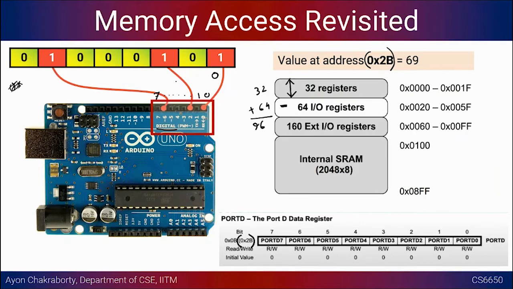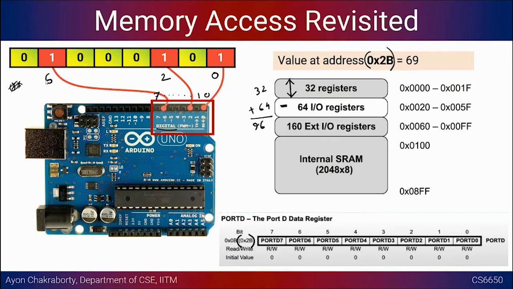So 1 is off, 2, 3, 4, 5 is off, and this is 6, right? So see how in these memory locations, particularly these input output registers, the value you write in them can actually be used to manipulate the pins, the way we were doing using digital write. This is trying to achieve the same function, or this is how it is actually implemented underneath, right? And we will see in a short while why this is important to understand.